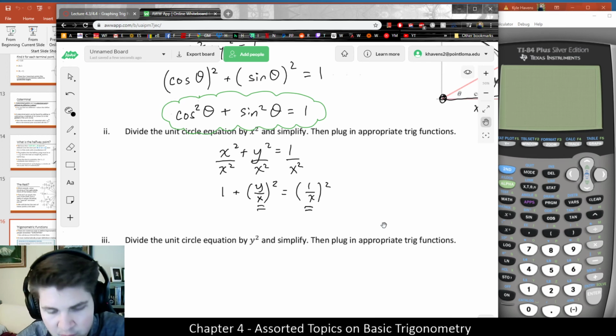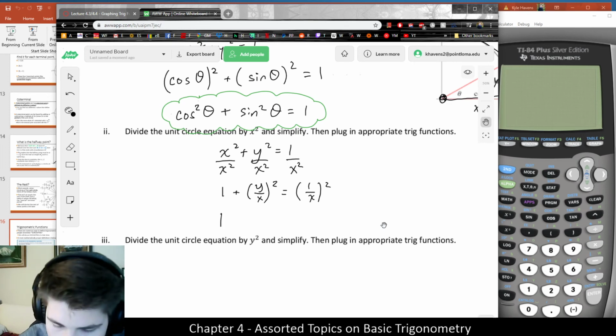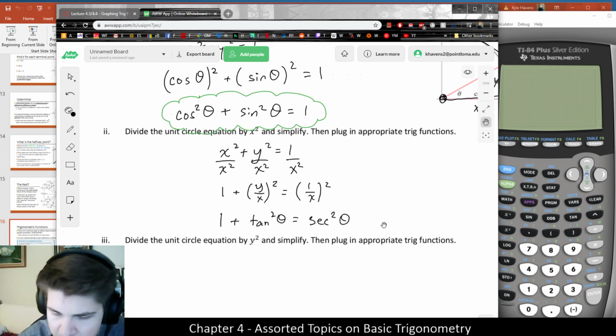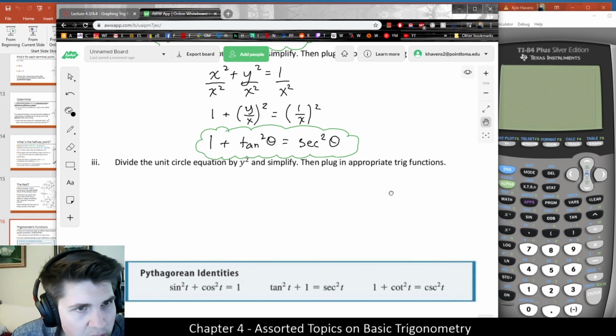Those are two of the other specific functions by definition, so I can substitute that in, because y over x is equal to tangent and 1 over x is equal to secant. This gives me another version of the Pythagorean identity, which is also true. It's a relationship between secant and tangent.